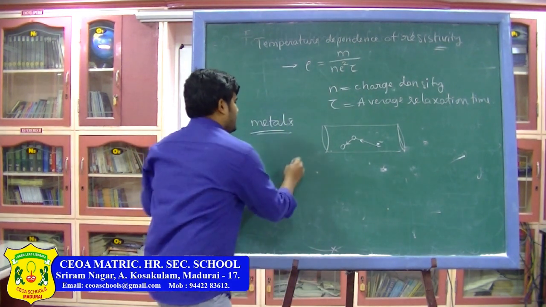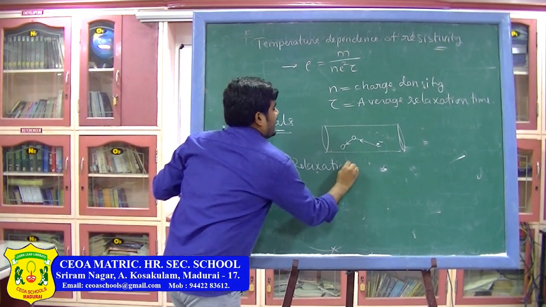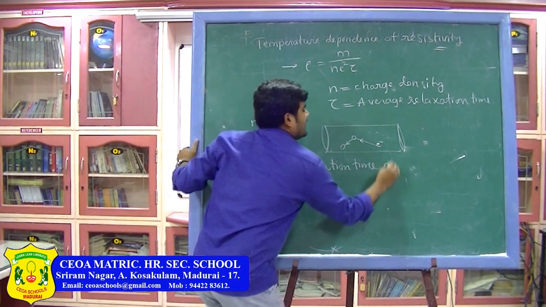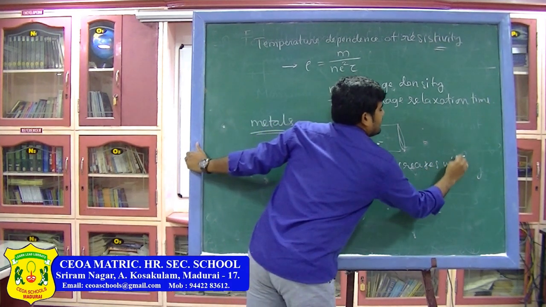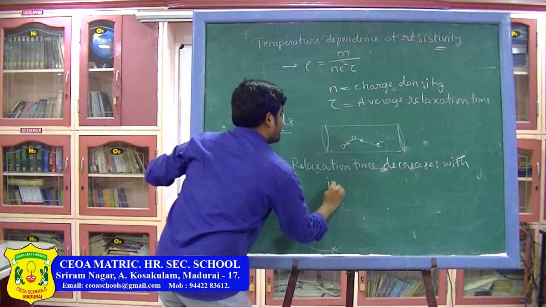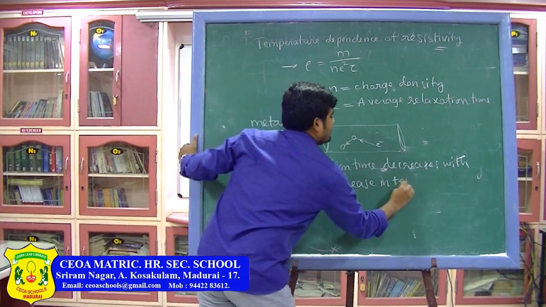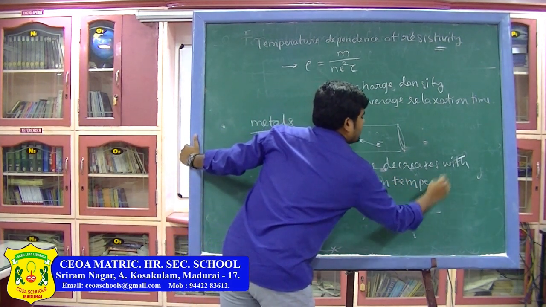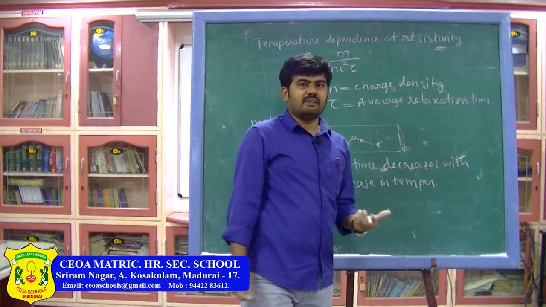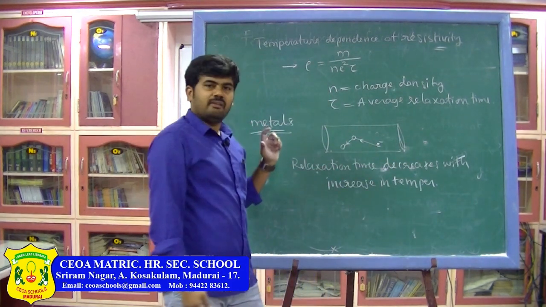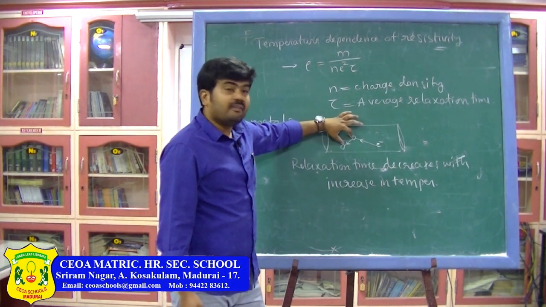Remember here, relaxation time decreases with increase in temperature. With the increase in temperature for metals, because they gain that thermal energy and their velocities increase, they collide much faster, and the time taken between collisions decreases.